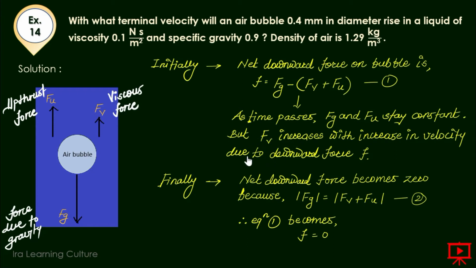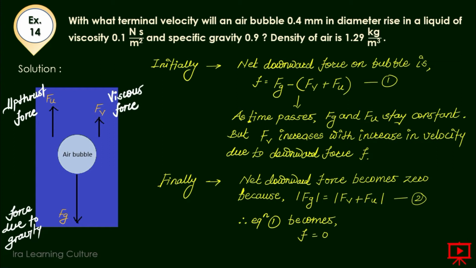In this way, finally a situation happens where the net downward force becomes zero, and hence we get the condition in which net F is 0, and we can write Fg is equal to Fv plus Fu. See this, here Fv will increase such that the net force will become 0. So in this way the air bubble will experience a zero net force, so that it will gain a constant velocity, and this velocity is called terminal velocity.